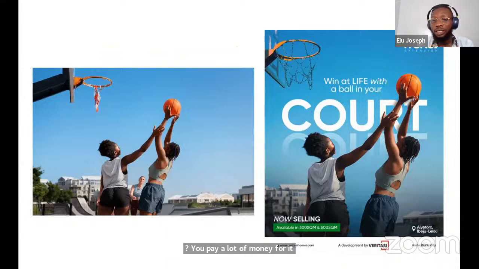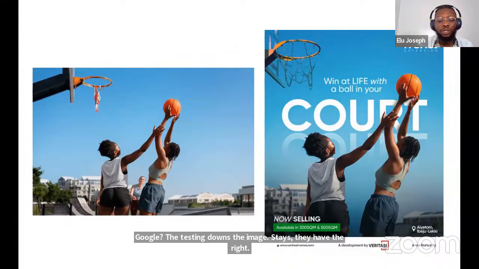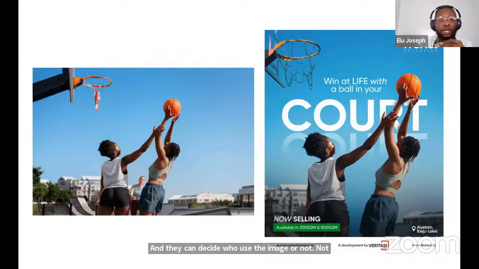And you'll be thinking, is it not just an image I downloaded on Google? The person that owns the image says they have the right and they can decide who uses the image or not, right? This is the reason why stock images are important.